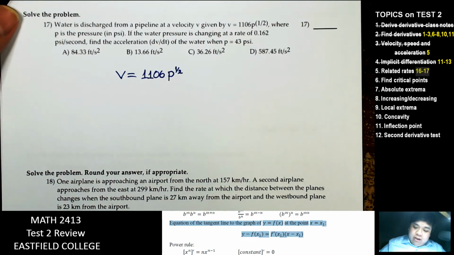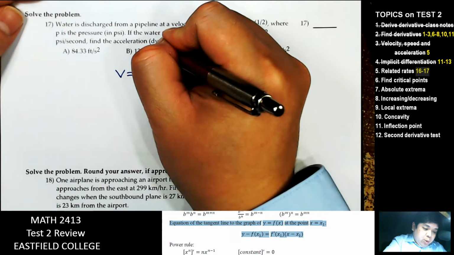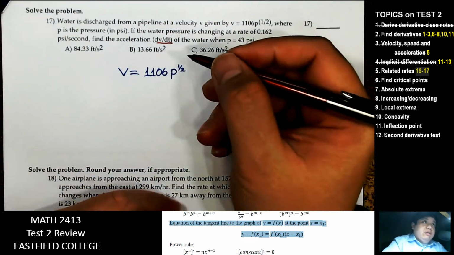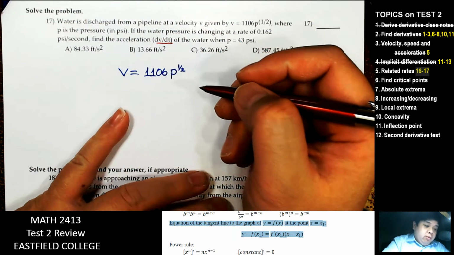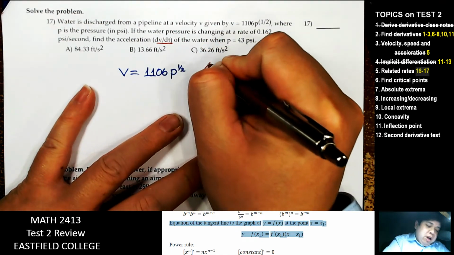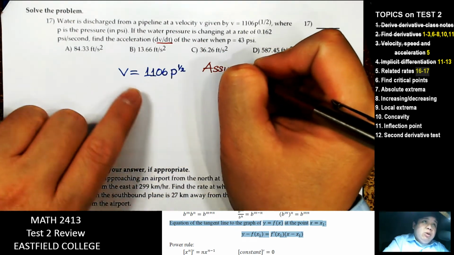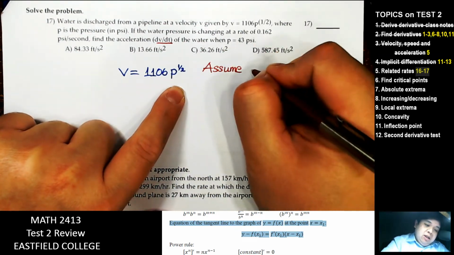Now in this problem we are asked to find dv over dt, meaning that everything is a function of t, and that's the nature of related rate problems. We assume everything is a function of t. By everything I mean v and p.